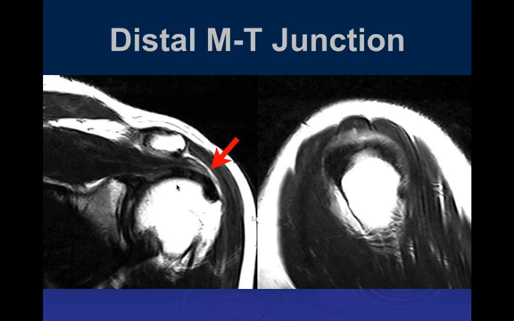He could wrestle just fine, but he couldn't carry his suitcases because when his arms were down at his side and he picked up a suitcase, he got intense shoulder pain. And when we did his MR scan, we found a lot of edema within the distal part of the muscle, and his musculotendinous junction was very distal here. So he had actually symptomatic impingement, but it was due to the fact that he had this anomaly.